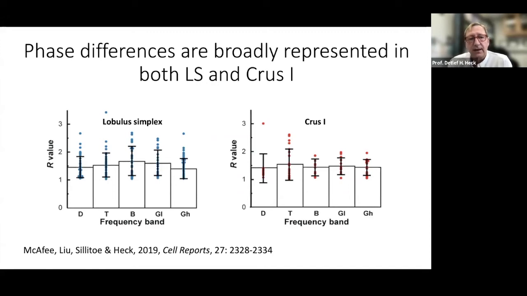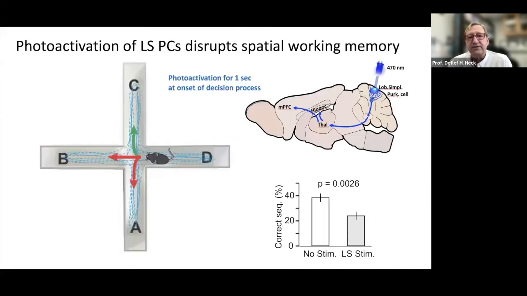Now, knowing that, the question becomes, does that mean that the cerebellum might actually have something to do with modulating the coherence in the prefrontal cortex and hippocampus? First of all, we wanted to know what happens to the behavior when we stimulate the cerebellum, the lobulus simplex in particular.